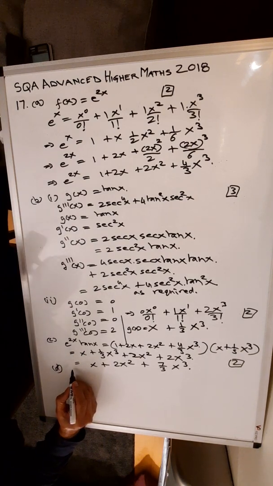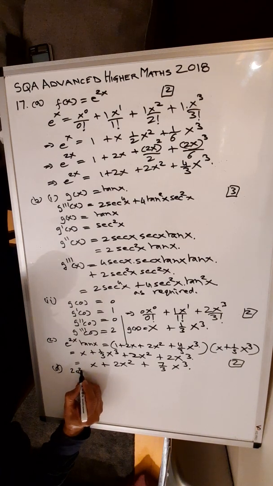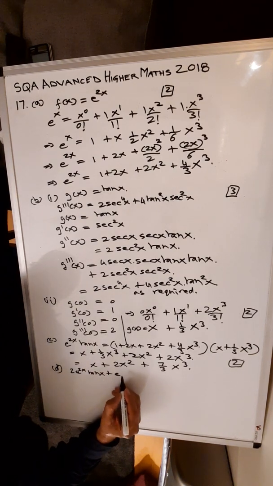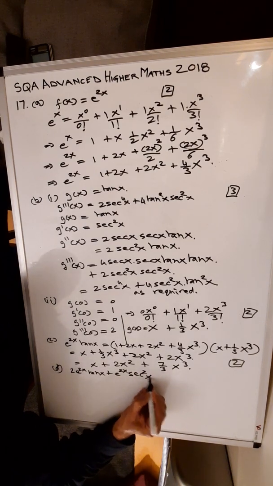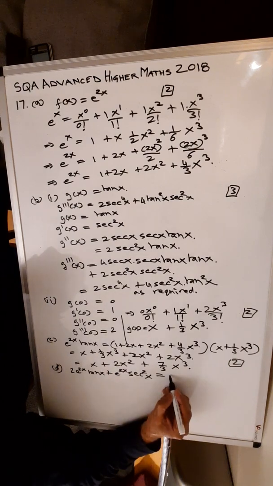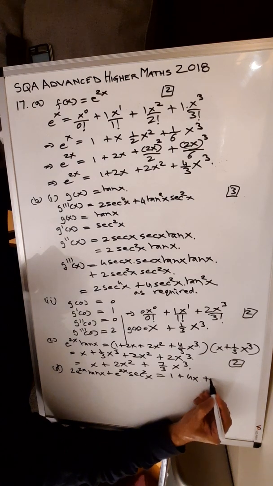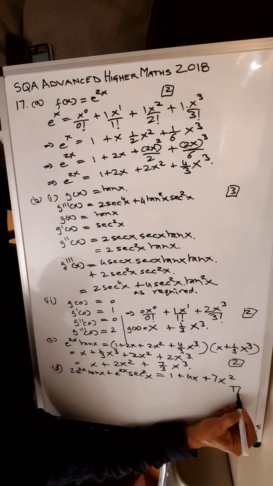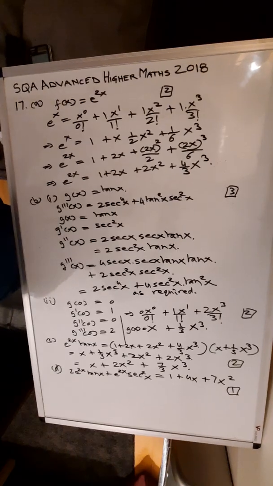So 2e to the 2x tan x plus e to the 2x sec squared x is equal to the differential of this, which is 1 plus 4x, bring the 3 to the front, plus 7x squared, and that is for 1 mark. That is question 17, the last question of the 2018 paper.